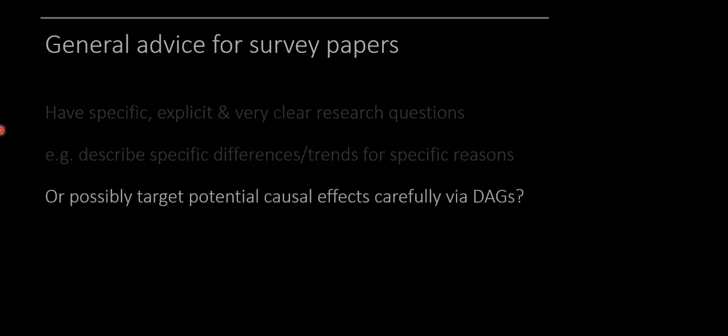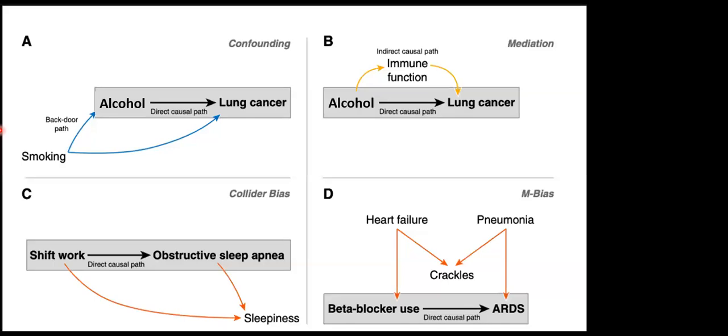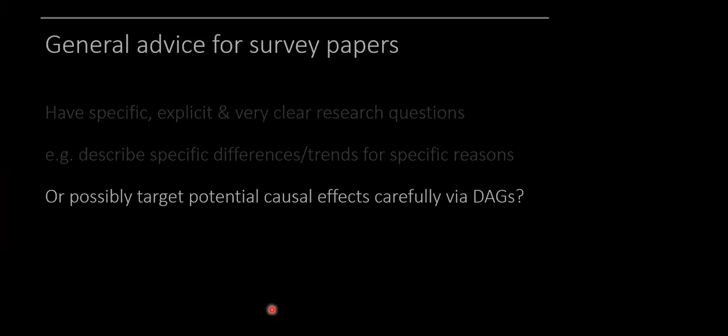Or possibly think about targeting potential causal effects, in which case, if you want to do that properly, the first thing to think about would be using what are called DAGs, directed acyclic graphs, to think through what are the likely confounders, what are the likely colliders, and then using that to help you decide whether to adjust or not.